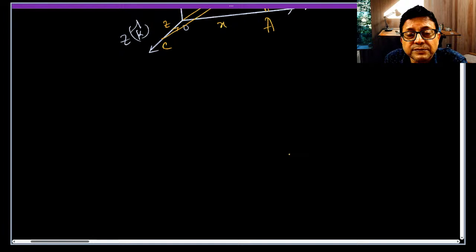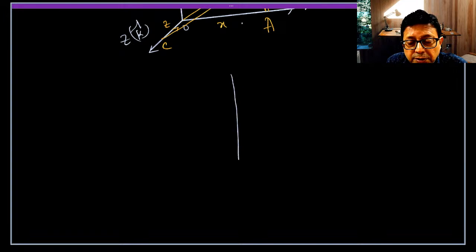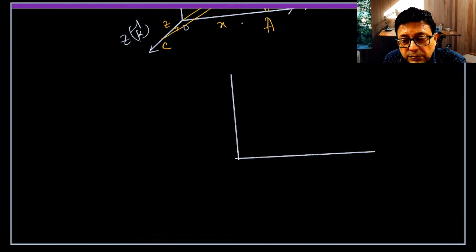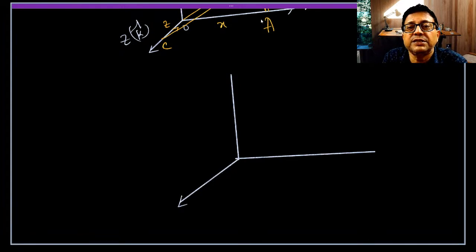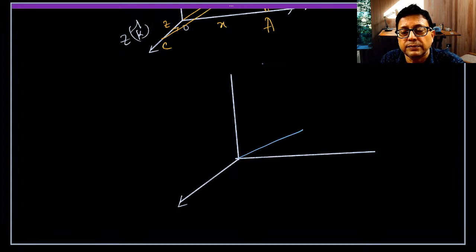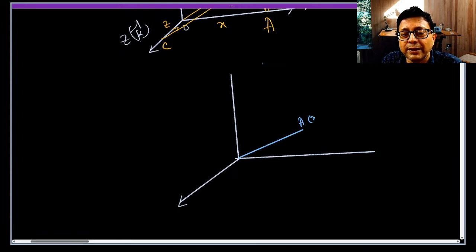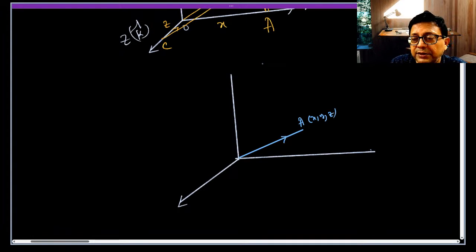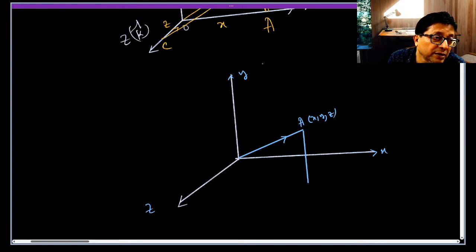How to do that? So I am simplifying my diagram over there. This is the vector OA, with coordinates x, y, z. We want to represent it in 3D. Instead of drawing a perpendicular on the x-axis, I am drawing a perpendicular on the xz plane first. This concept was also there.